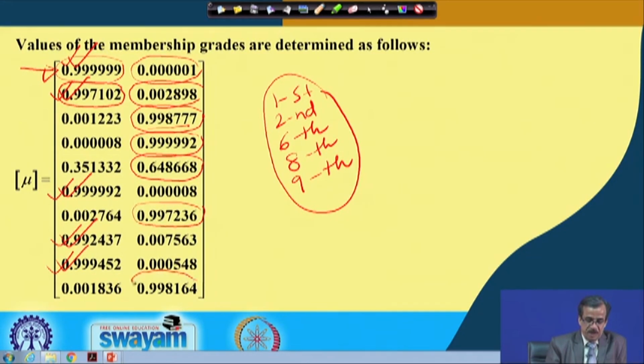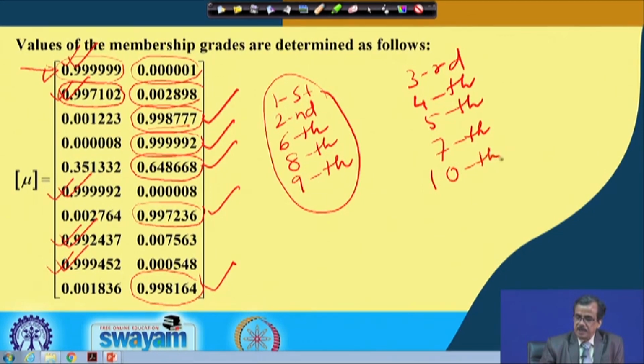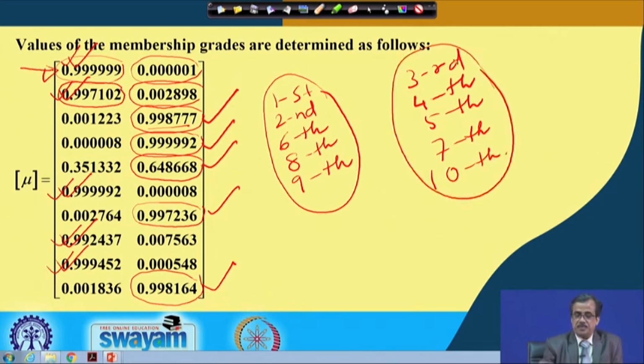This is also very near to 1 with respect to the second cluster. So, this is one point, another point, and another. This is the third point, then the fourth point, then the fifth point, then the sixth, seventh, and this is the tenth point. So, this will form another group.